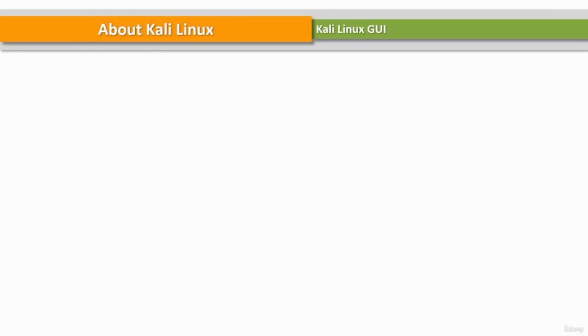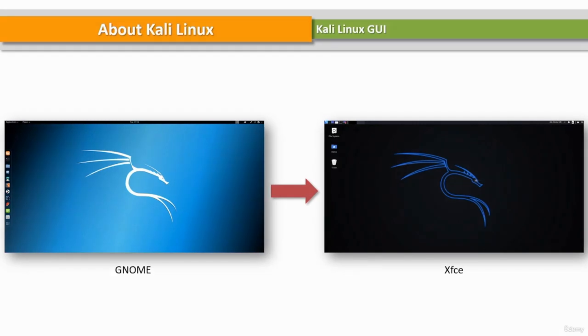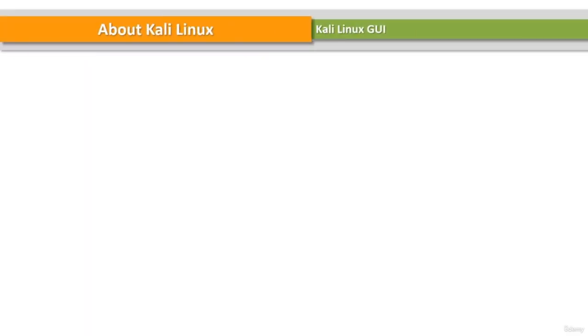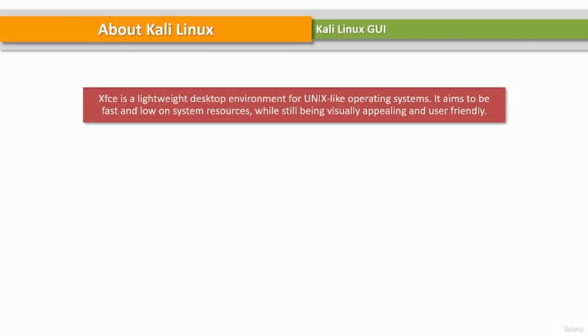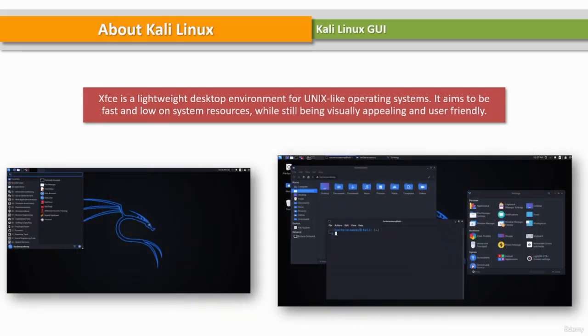But in any event, we did learn that Kali Linux user interface was switched from GNOME to XFCE. So that means that we're now going to explore the XFCE user interface. So first off, XFCE is a lightweight desktop environment for Unix-like operating systems, right? So it aims to be fast and light on system resources, while still being visually appealing and easy to use.